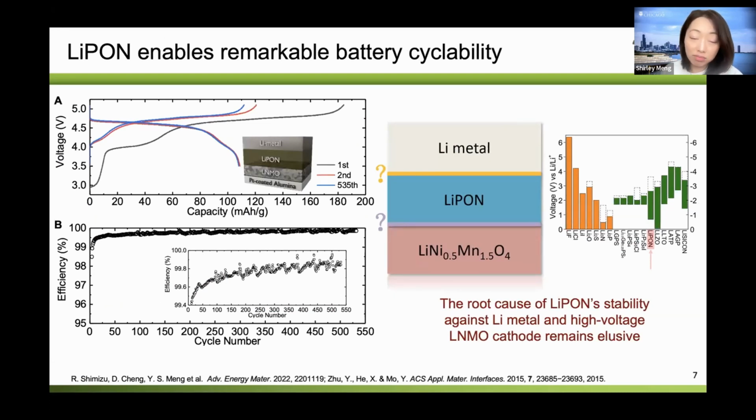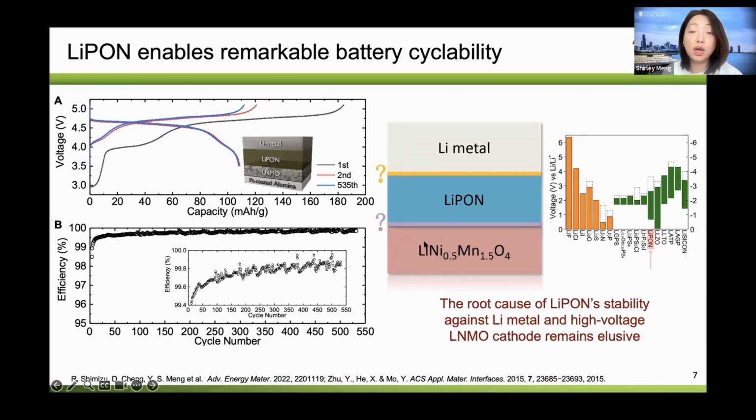But commercialization aside, I want to showcase the beautiful interfacial chemistry revealed by LiPON. This is a cell that is built with lithium, LiPON, and LNMO. I want to remind everyone that, according to first-principles calculations, LiPON is stable with metallic lithium, but its stability with the cathode was not fully agreed upon.